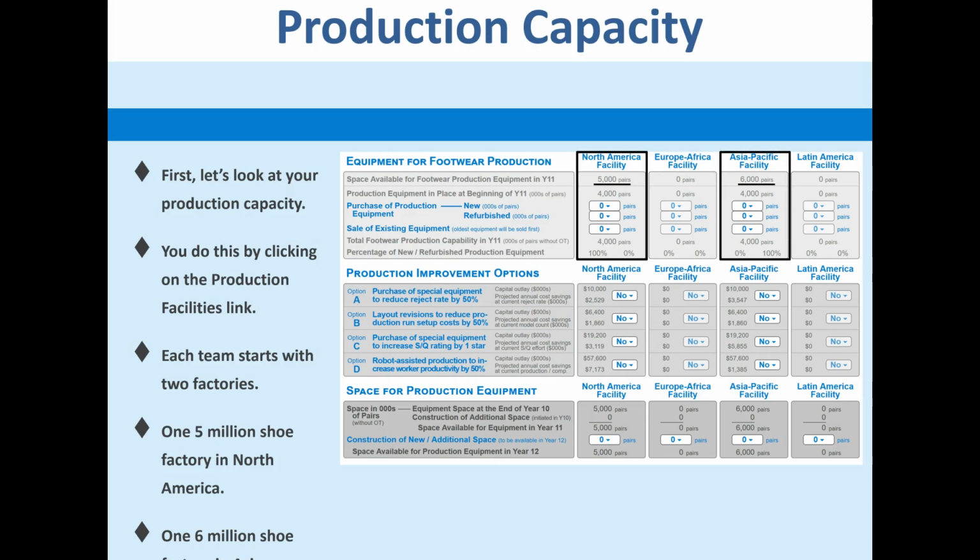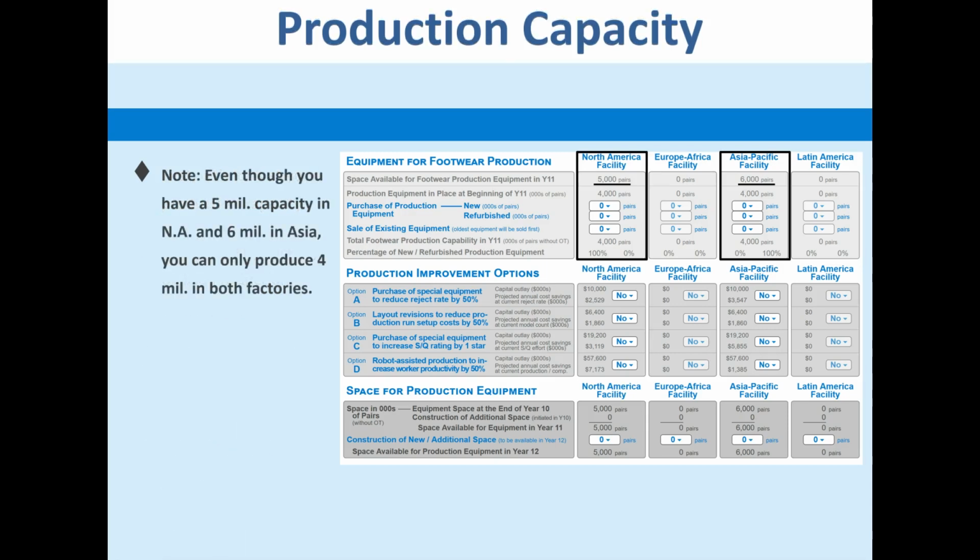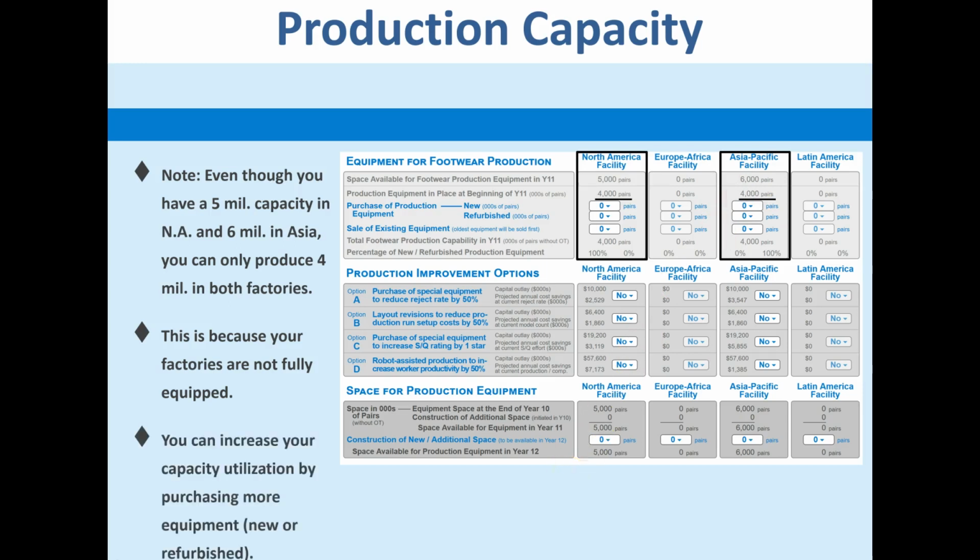Now, just because you have the capability of producing 5 million shoes in North America and 6 million shoes in Asia doesn't mean you're able to produce that many. So even though you have 5 and 6 million, you could only produce 4 million in each. If you want to get up to your maximum capacity of 5 million and 6 million, you have to fully equip your factories. And you can increase your capacity utilization by purchasing more equipment.